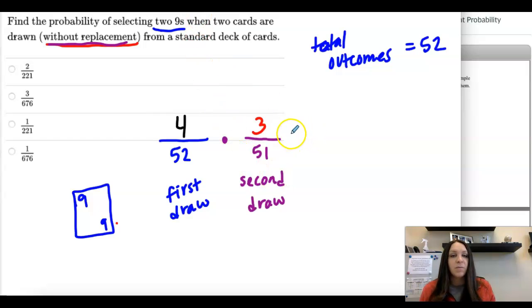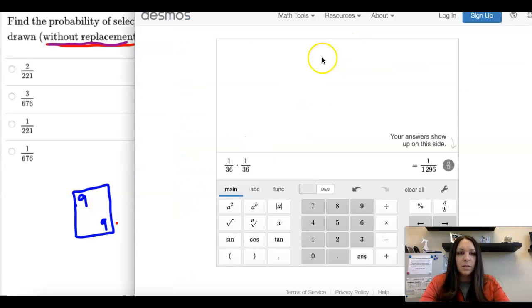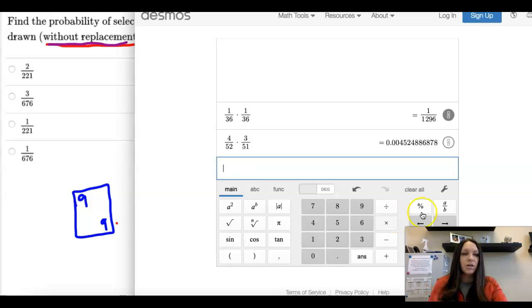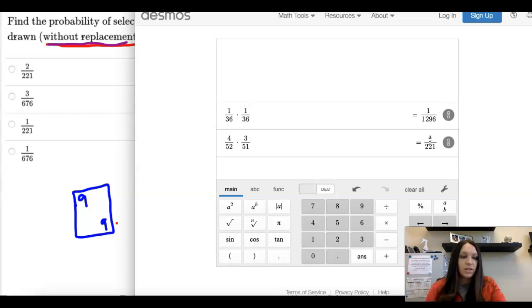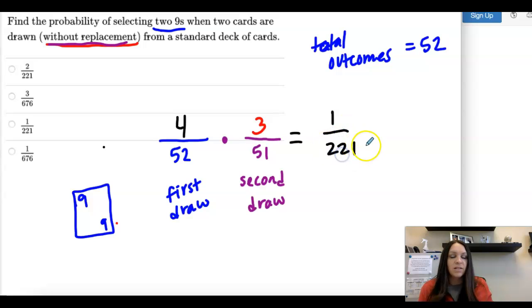So now I'm going to multiply these. 4 over 52 is my first draw: 4 cards, 4 9s. In my second draw, there are only 3 9s and only 51 cards. So that's 1 in 221 that I will draw two 9s. That's the probability of doing that.